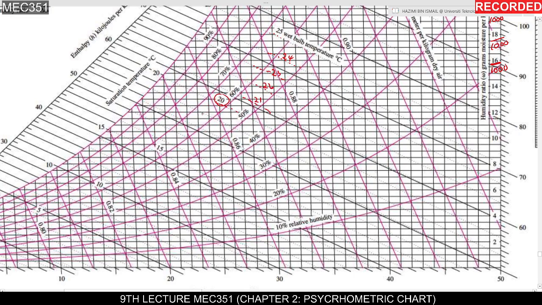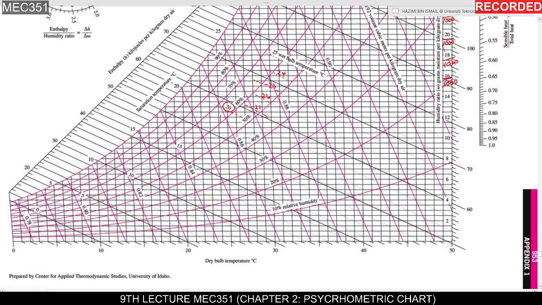So it goes on: 19, 18, 17, 16, 15, 14, 13, 12, 11, 10 here. So the dot line here is presented for the wet bulb temperature in Celsius.